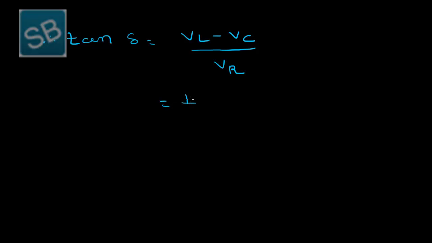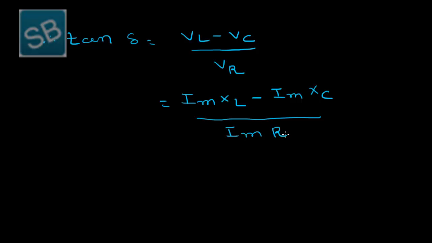Now the value of VL is Im XL minus the value of VC, Im XC, divided by the value of VR, which is Im R. Im will cancel out from numerator and denominator.